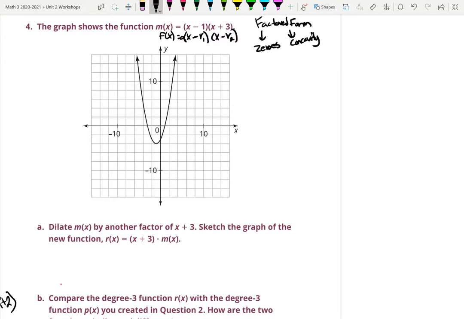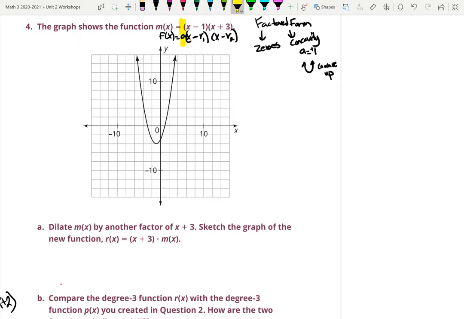The a value is going to be right in front of the first term. Now notice how there is no number here. Well, that means that the value is assumed to be a positive 1, which means it's going to be concave up. Notice how my prediction matches the graph to the left.